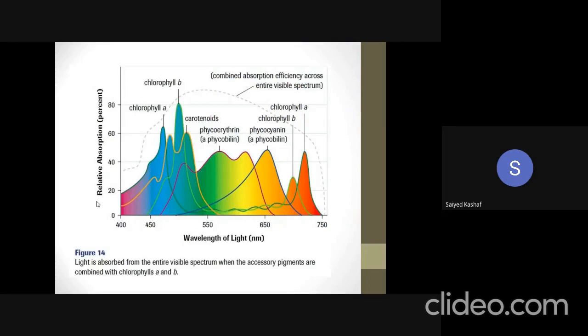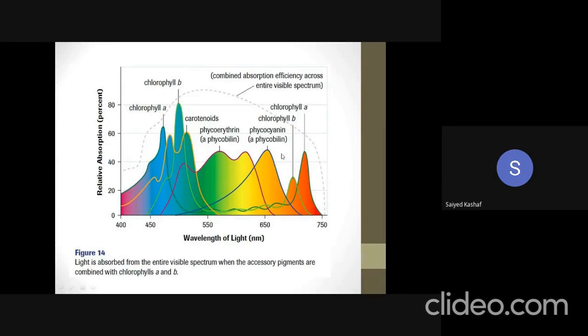So you can see the ranges at which these chlorophyll molecules or other pigments absorb light. You can see chlorophyll A maximally absorbs light in the blue and red regions, and the same in chlorophyll B. You can see the peaks at the blue region and the red region of the spectrum.